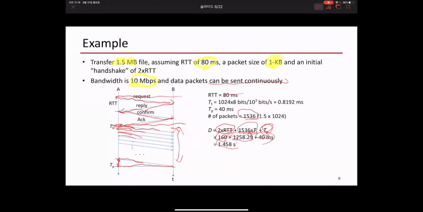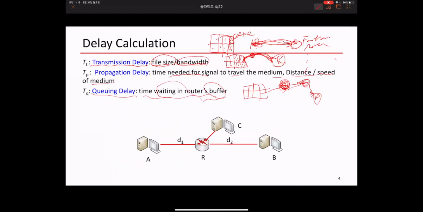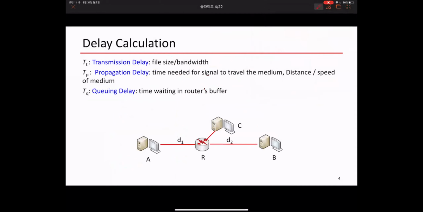I see. Good. And what's the difference between RTT and a ping or a latency? Okay, latency. Let me go back to the point. There are latency, RTT and ping, many mechanisms.